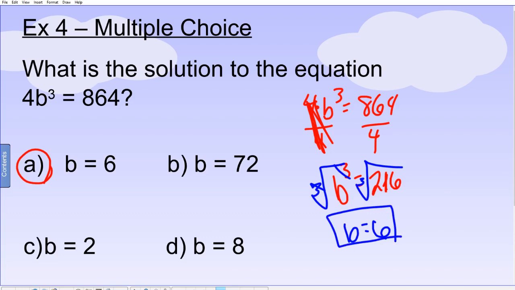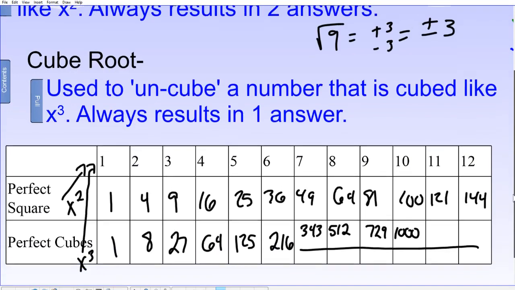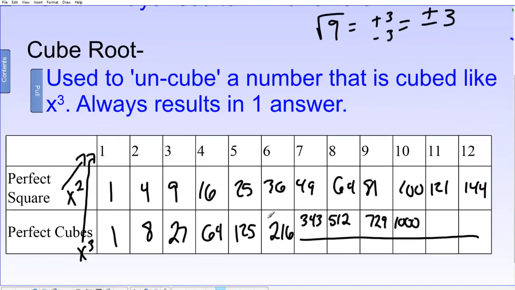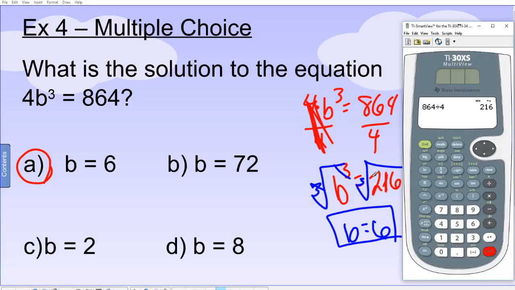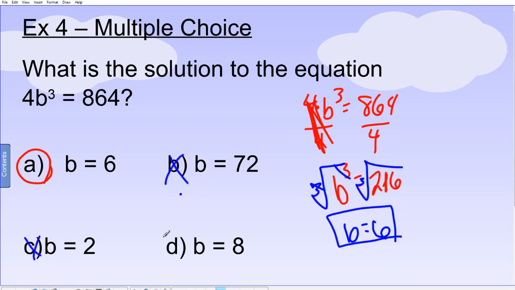We saw that in our table quite a bit back in the lesson, way up here, the cube root area. 216 is a perfect cube, and the cube root is 6. You could also do that by throwing it into your calculator. 3, then the special root, in this case a cube root, of 216 is 6. Okay, if we tried all these other ones, none of them would work out. There's only going to be one solution here.